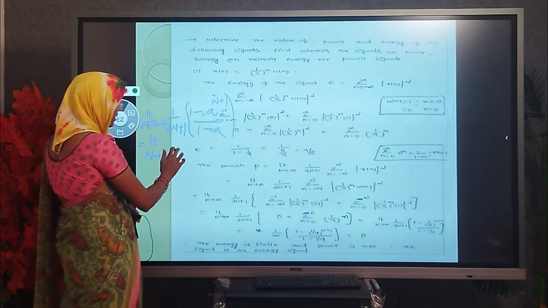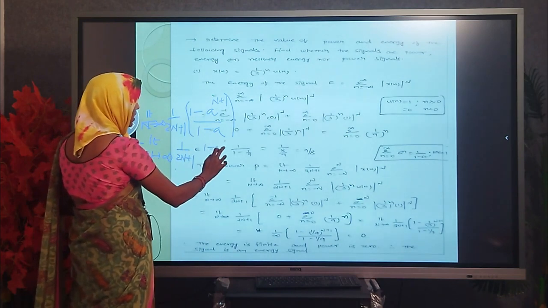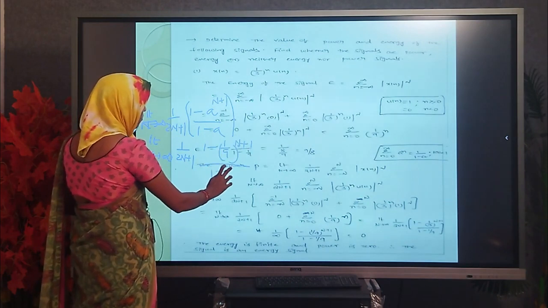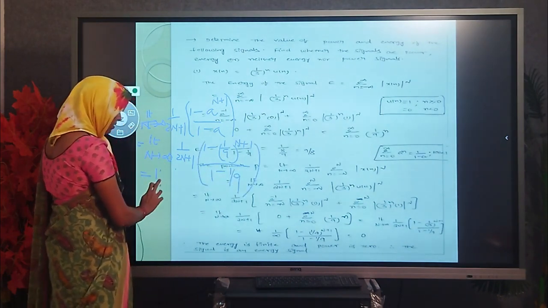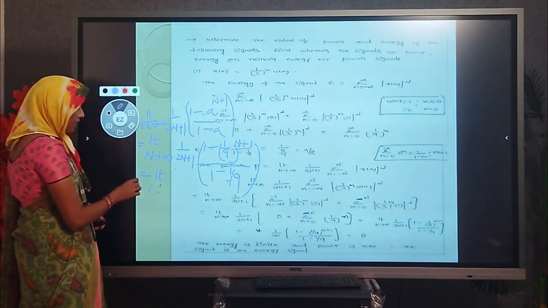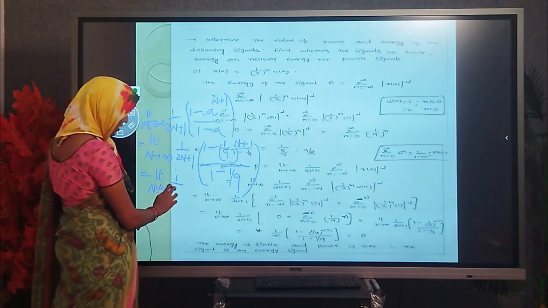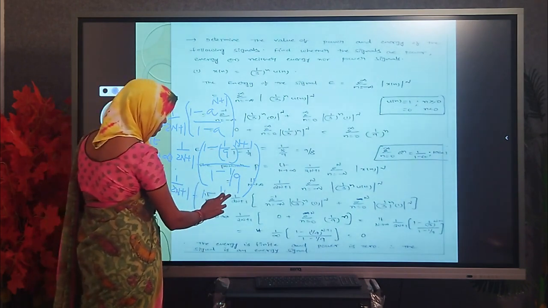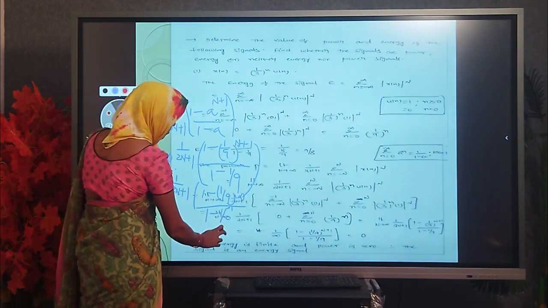Limit n tends to infinity 1 by 2n plus 1, 1 minus 1 by 9 power n plus 1 by 1 minus 1 by 9. Now substitute the limit n tends to infinity and simplify.